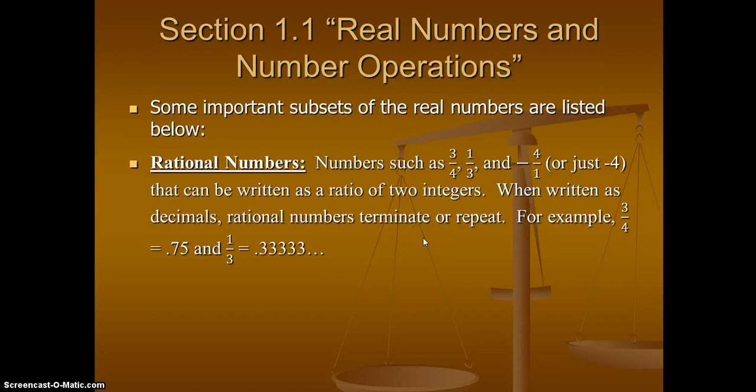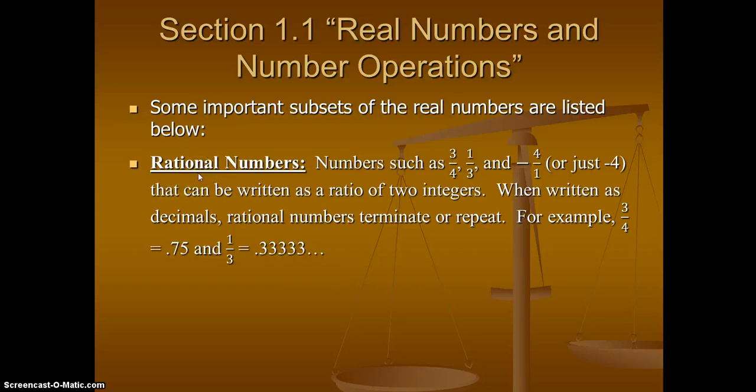So rational numbers do one of two things. They either terminate, so you can have a fraction of 3/4, which is 0.75 when you turn it into a decimal, or they repeat, but they have to repeat with the same numbers. I like to tell my students that rational numbers are rational.